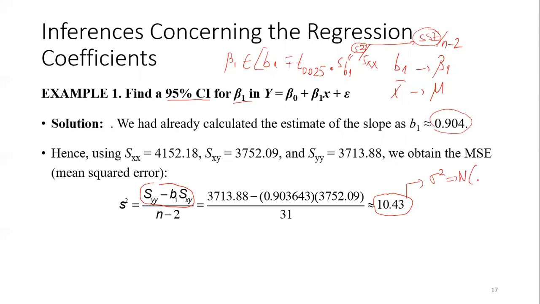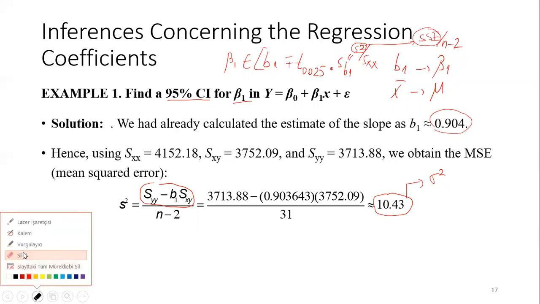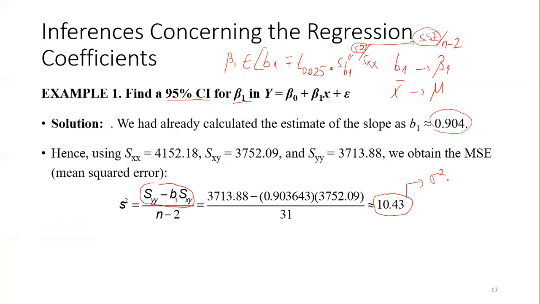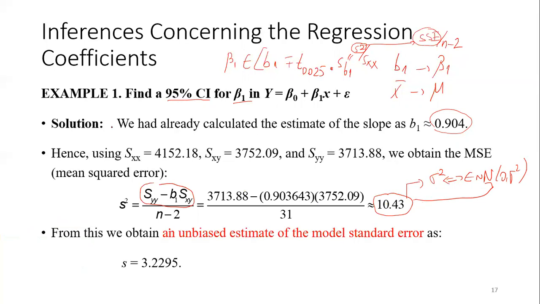Remember, we said that epsilons are normally distributed, with mean 0 and variance sigma squared. This is the estimate for this sigma squared. That's great. Then if you take the square root of this, S is equal to 3.2295.